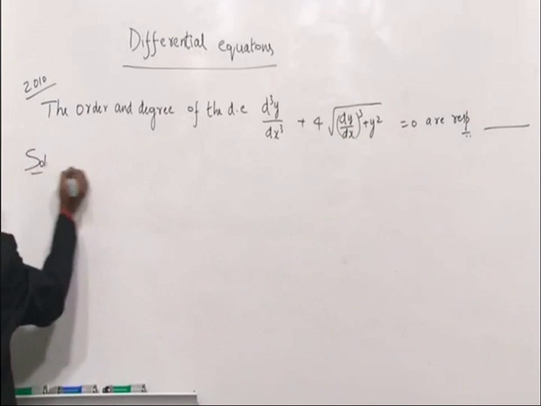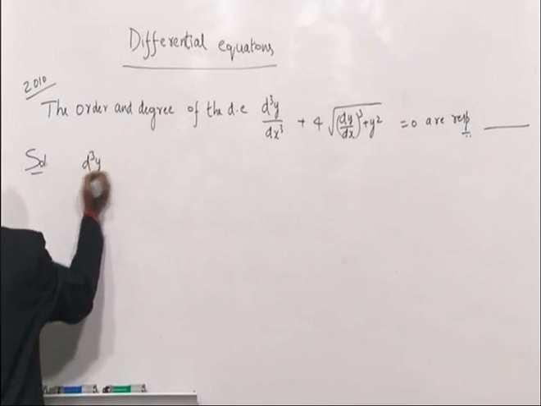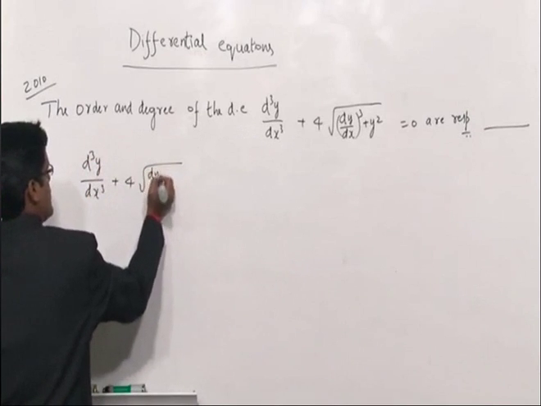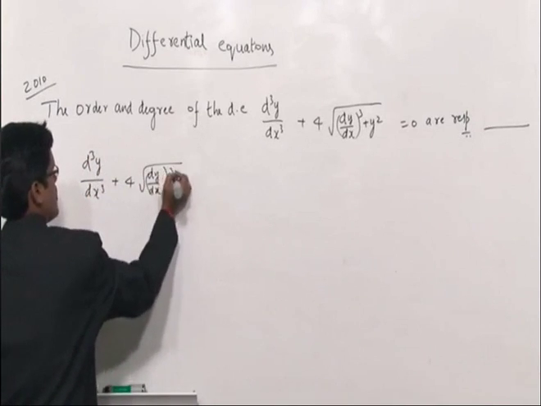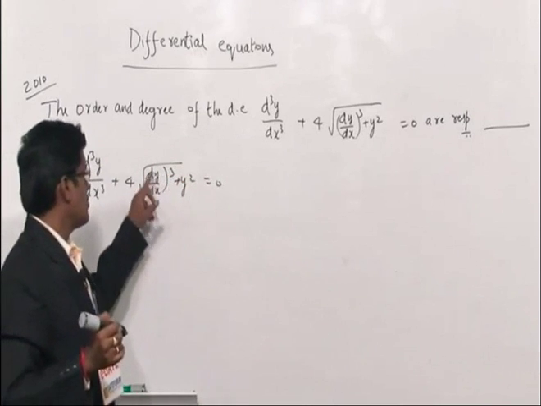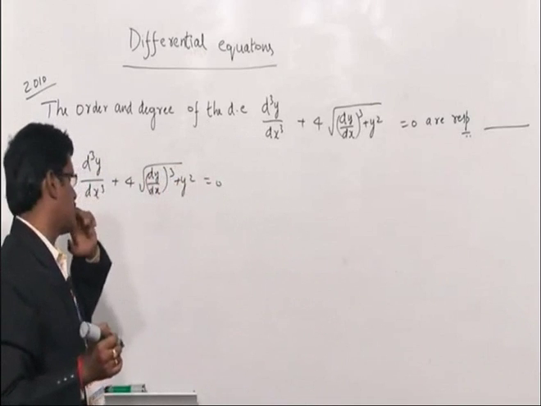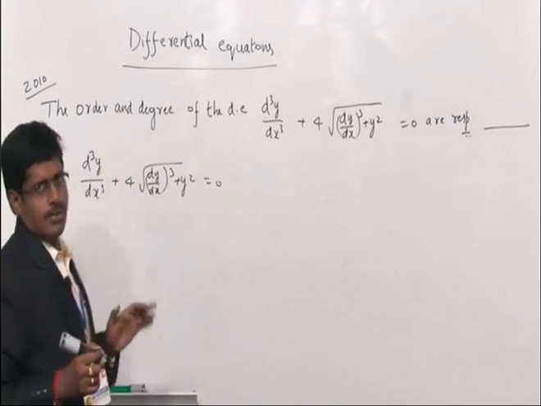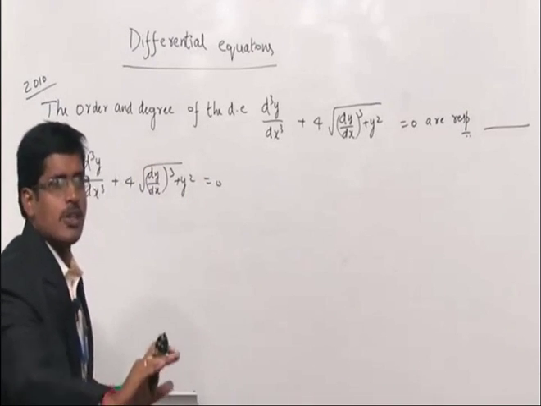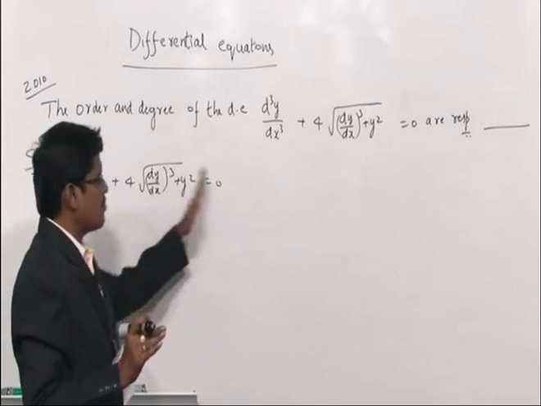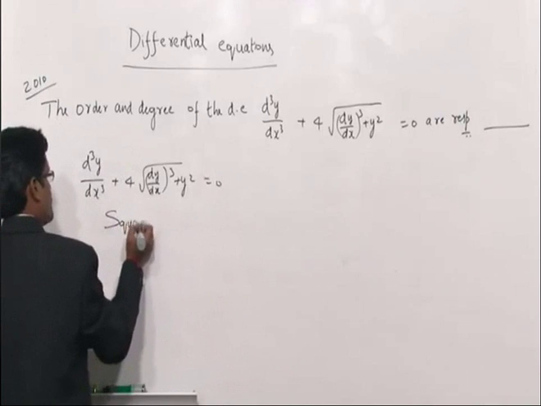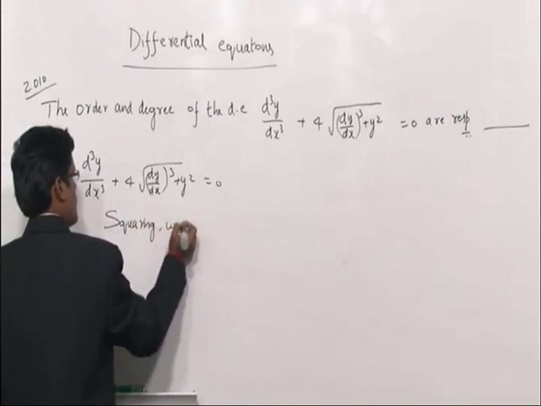Solution. d cube y by dx cube plus 4 times square root of (dy by dx) whole cube plus y square is equal to 0. Here the square root contains one of the derivatives, the first derivative. So you have to remove that radical, the square root, and then you bring the differential equation into polynomial form with respect to the derivatives. That means we send this term to the right side and then square.